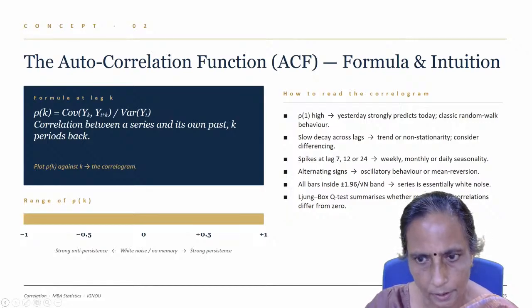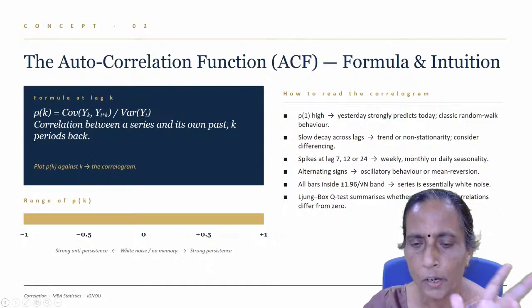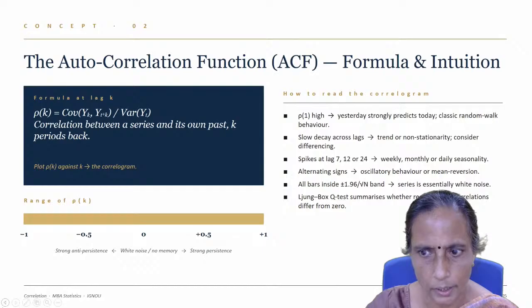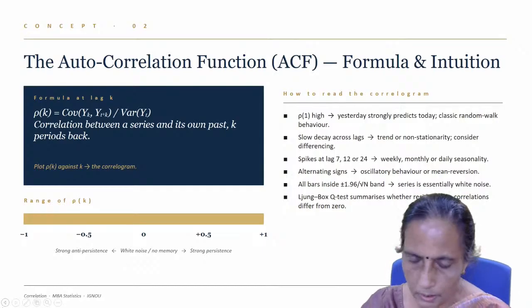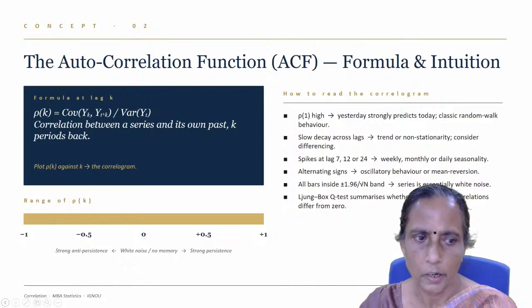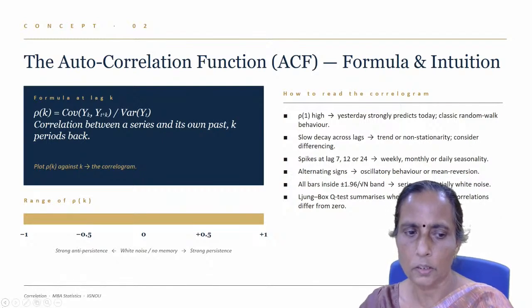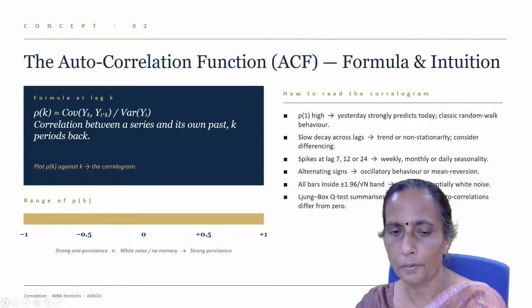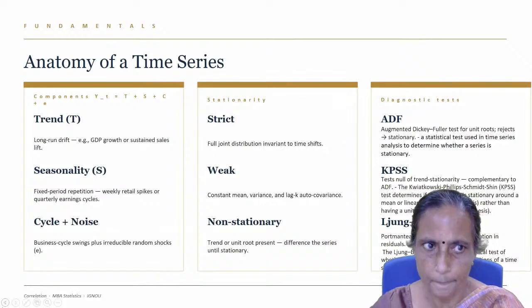Spikes at lags 7, 12 and 24 indicate weekly, monthly and daily seasonality. Alternating signs indicate oscillatory behavior. Mean variation: all bars inside plus and minus 1.96 over root n. Okay, the range of rho k is between -1 and +1. If it is -1, then it is strong anti-persistence, and if it is +1, it is strong persistence.